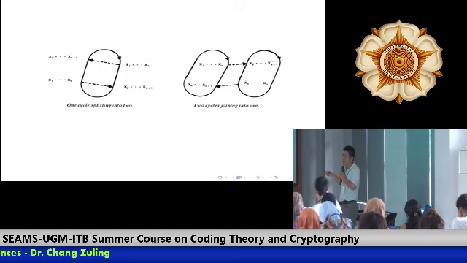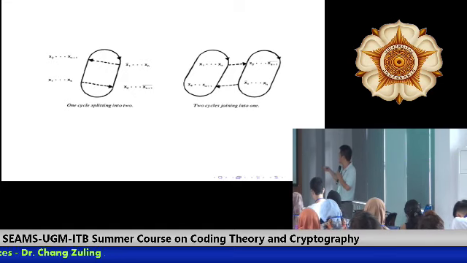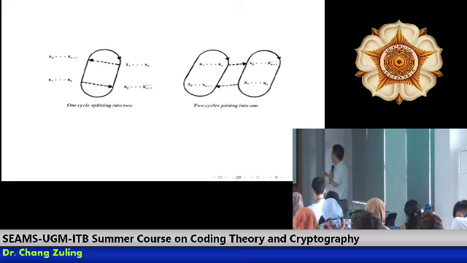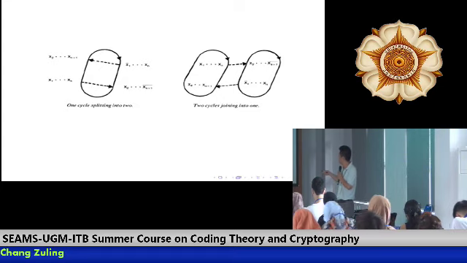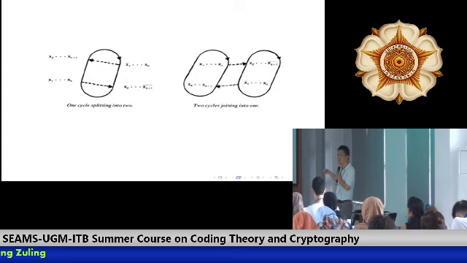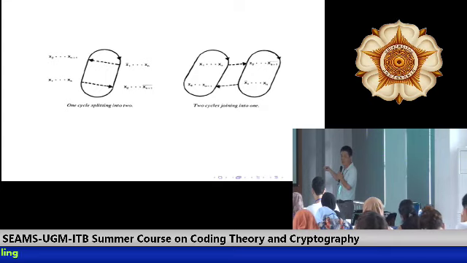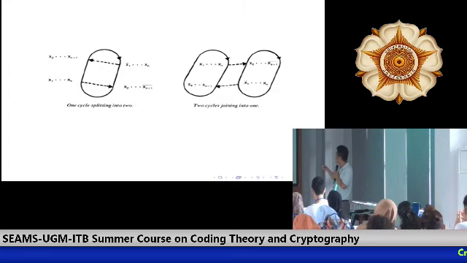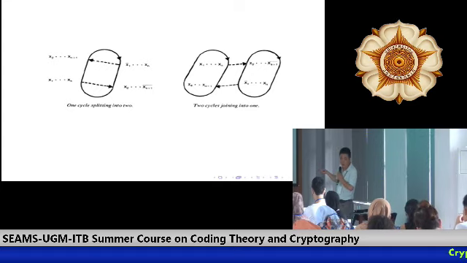But if we exchange the successors of these, from this to this, and from this state to this one, it will be a cycle. And this one also, changing the successors will give this cycle. So at this time, one cycle is divided into two cycles.